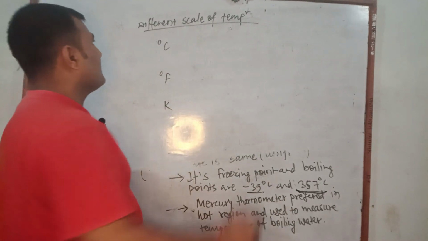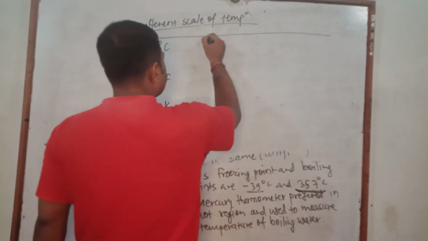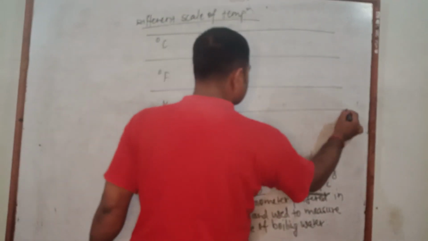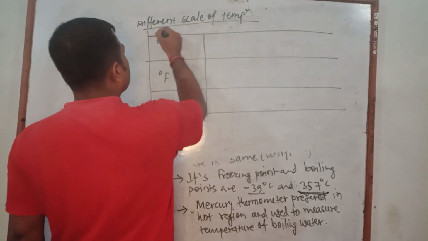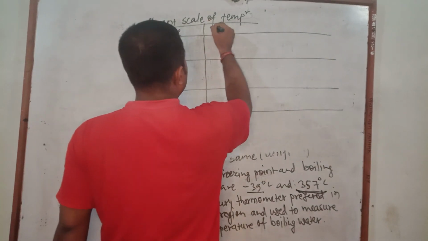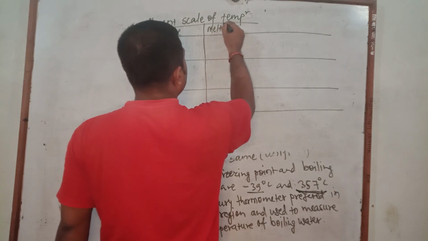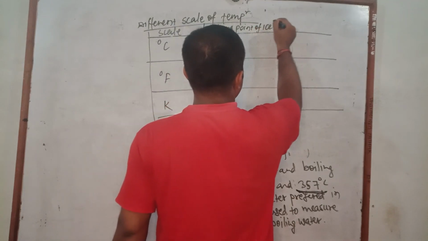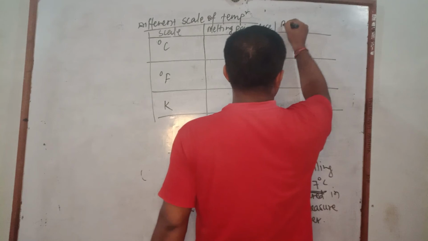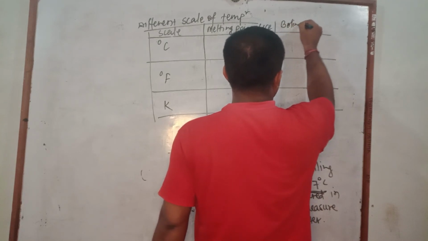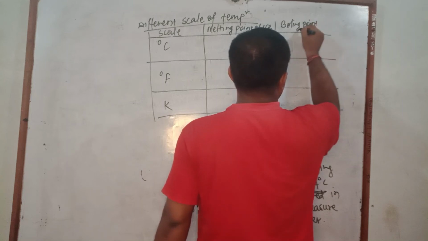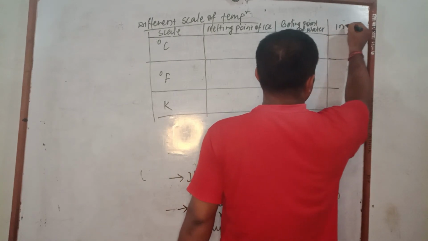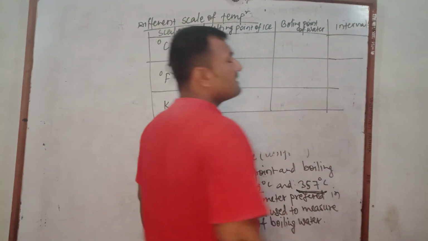These three are the most popular scales of temperature, in which, listen here, what are the different temperatures corresponding to melting point of ice or freezing point of water, boiling point of water, and interval here. In how many intervals is that scale divided.